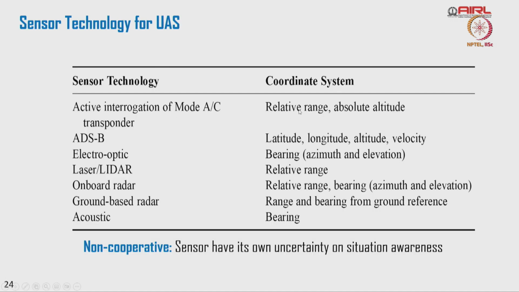They can provide a relative range or absolute altitude. If you look at an optical sensor, it can give you azimuth and elevation, whereas a LiDAR will give a relative range. Radar will give the range and bearing. An acoustic sensor will give a bearing. Remember, every sensor has its own uncertainty that affects situation awareness.